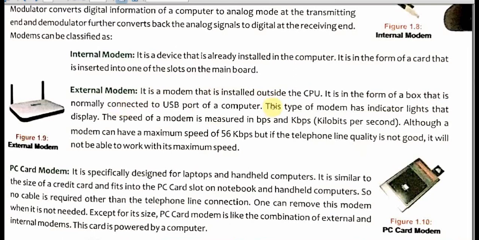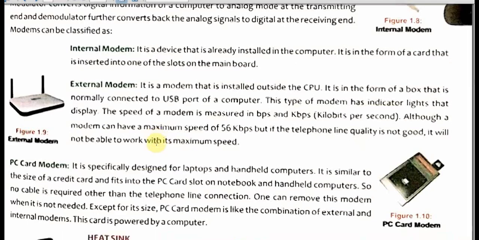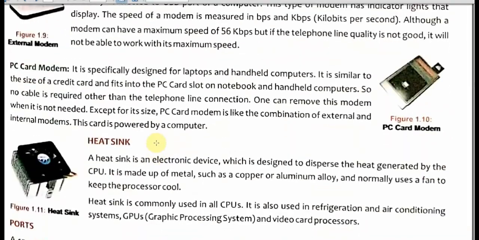This type of modem has indicators in the form of lights, and the speed of a modem is measured in bps or kbps, like kilobits per second. Although a modem can have a maximum speed of 56 kilobits per second, if the telephone line is not good, it will not reach that speed.